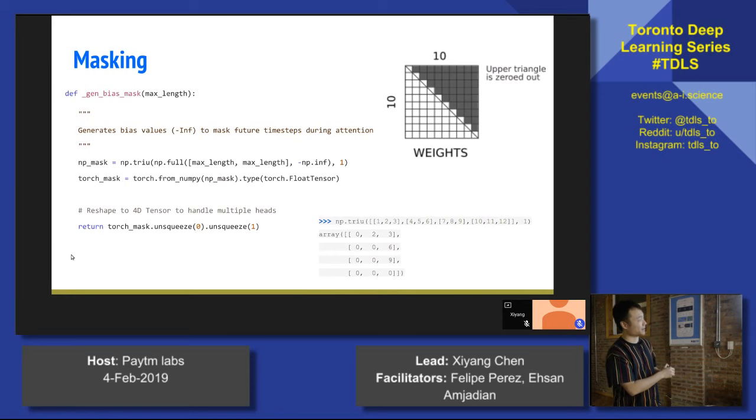The first parameter is the size, and the second parameter is the value. You might be thinking, why not 0? Why is it supplying negative infinity to the mask? If you execute this instead of this, all these numbers become negative infinity. Your diagonal is 0, and your other values are all 0.